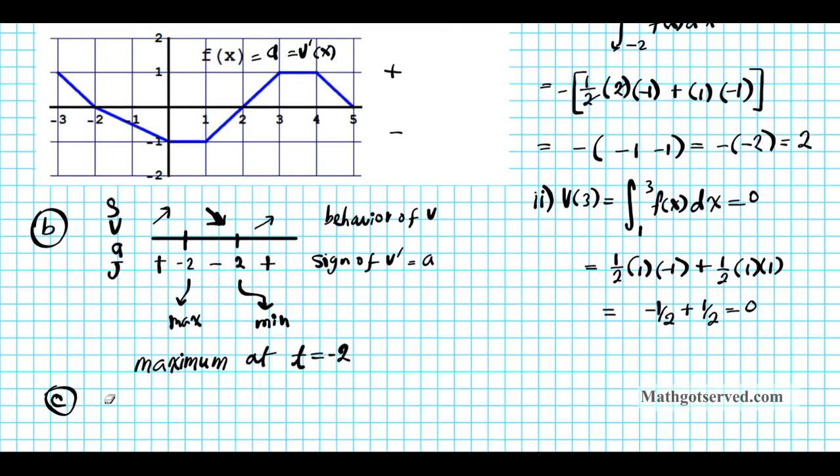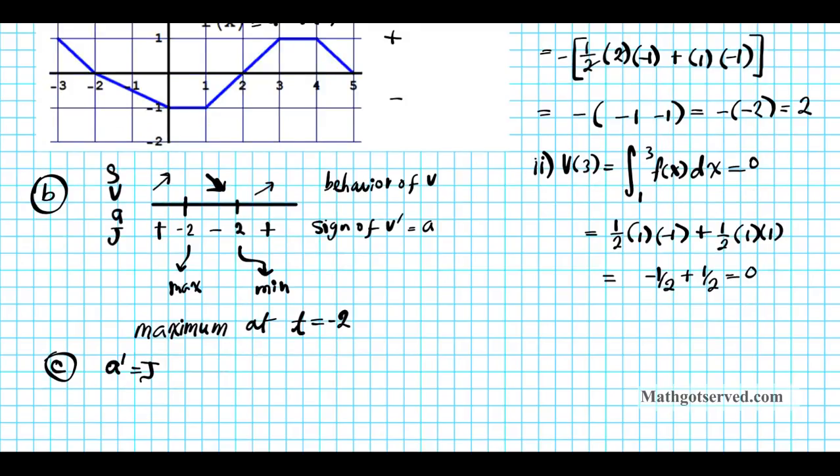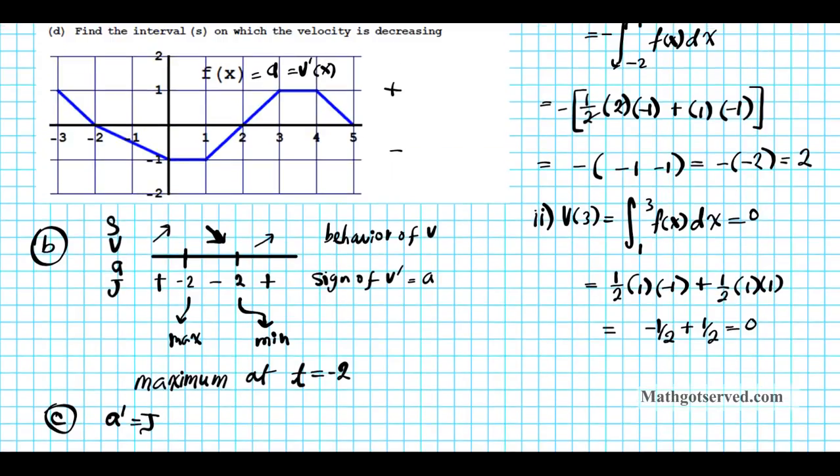You know that a prime is equal to jerk, the derivative of acceleration. So if this is the acceleration curve, what is the derivative of the acceleration? The derivative of the acceleration graphically is the slope of the tangent line at every point. So since these are all straight lines, the slope of the line can basically tell us what the slope of the tangent line is, since they're basically the same line.